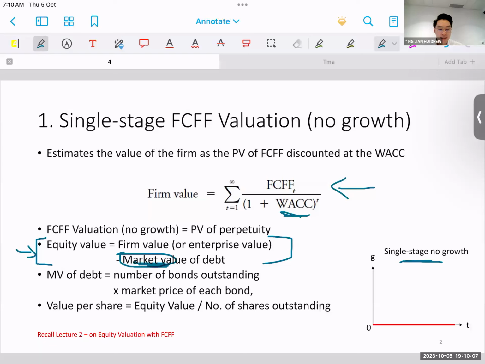And once you're able to find the equity value, you can simply take the equity value divided by the number of shares to get the value per share. Right? This is the calculation for the market value of debt: number of bonds outstanding times the market price of each bond. I want to highlight again that it is the market price of the bond, so you're not looking at the par value.